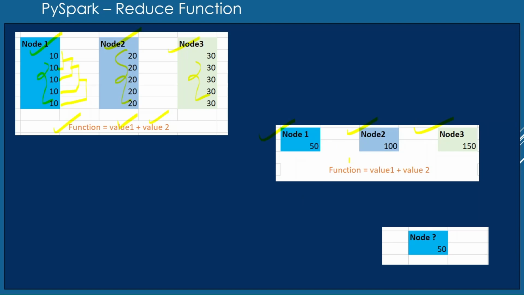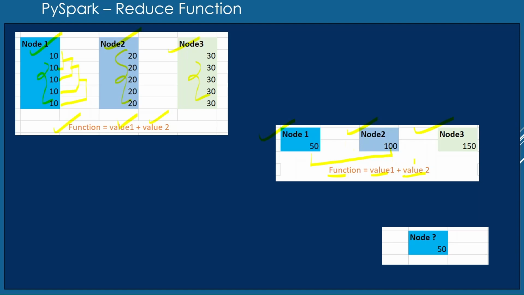Once we have all the values present in the different nodes, again the function with value 1 and value 2 takes place. First it will add these two values.